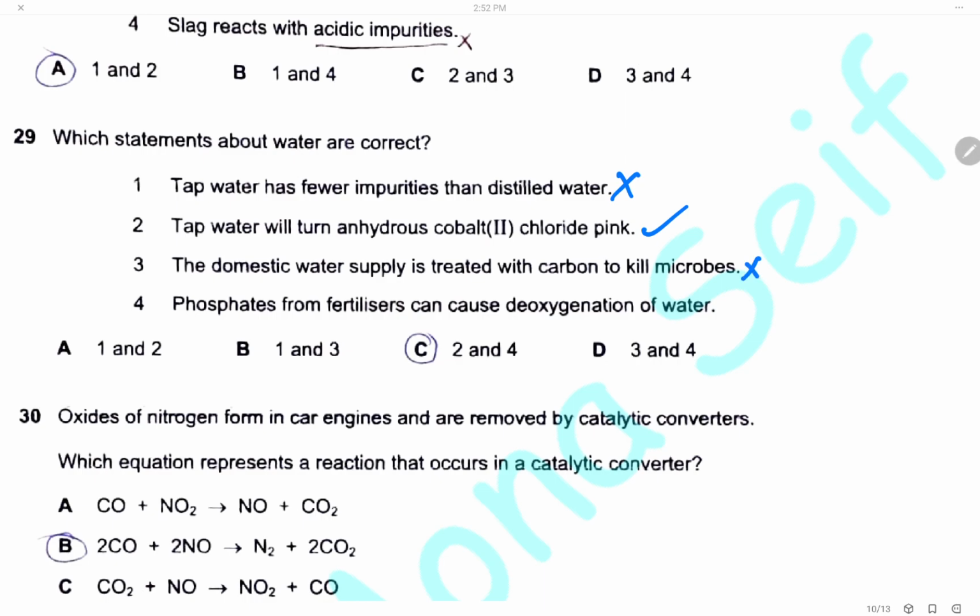It is treated with chlorine to kill microbes or to kill bacteria. Phosphate from fertilizers can cause deoxygenation of water. This is correct because fertilizers enhance the growth of algae, which absorb oxygen from the water, so the water becomes deoxygenated. So we have two correct statements, 2 and 4, and the answer will be C.